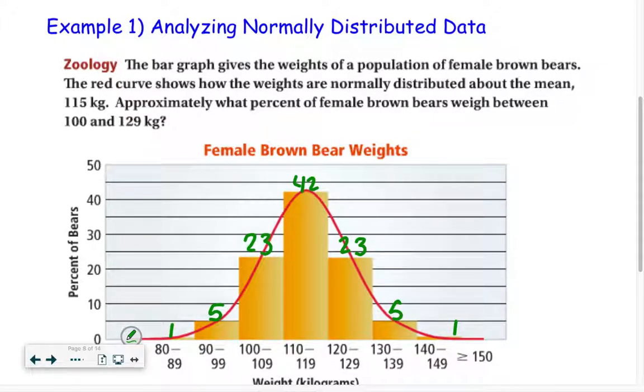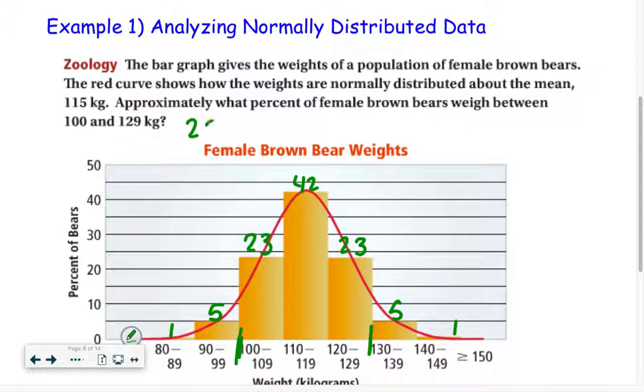Okay, so I want to know approximately what percent of female brown bears weigh between 100 and 129 kilograms. Well, that's 100 to 129, these three bars. We're already given the percents, so all I have to do is add these together.